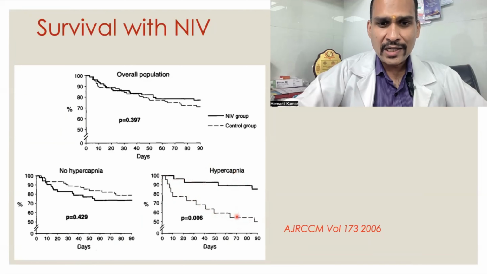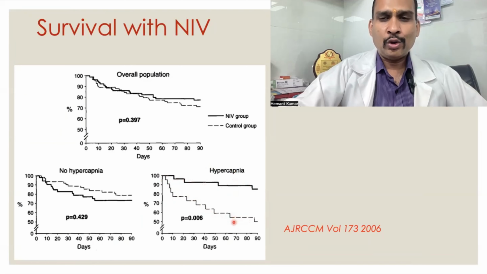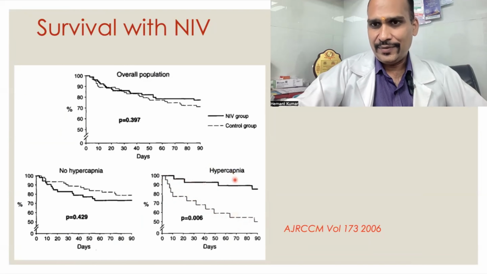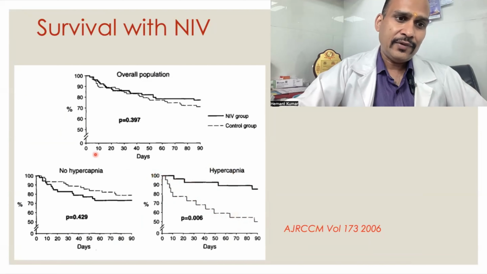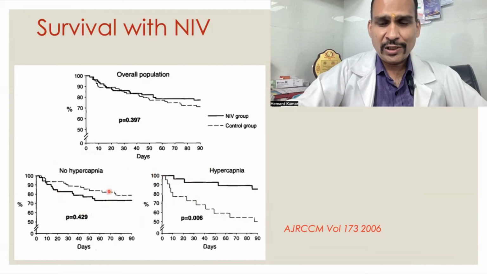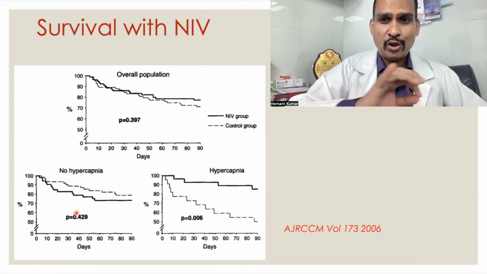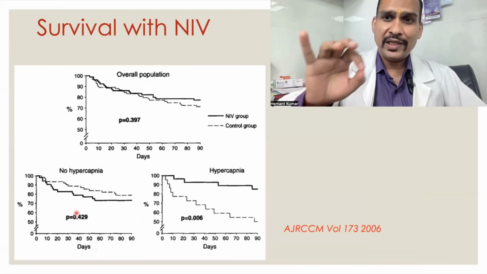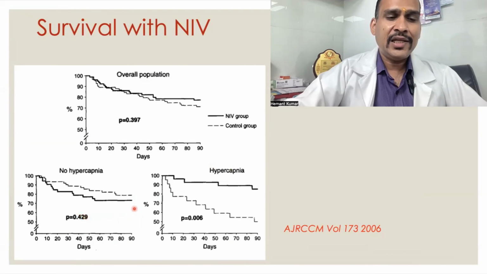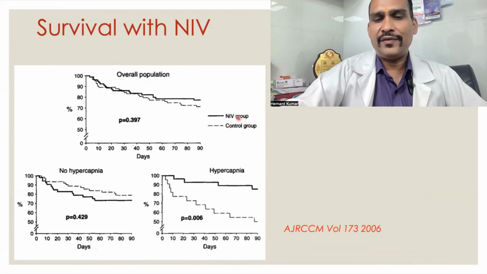So you can see a marked difference between the control group and hypercapnia with NIV. If you take hypoxic patients, those who do not have hypercapnia, for example ARDS, then there is low survival with NIV. Can you see this dark one? Low survival as compared to the control group.